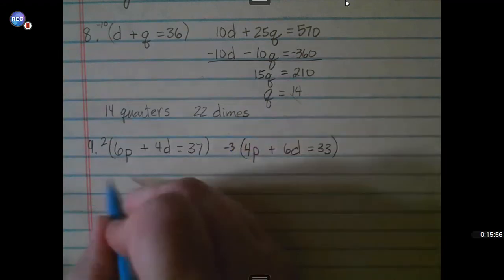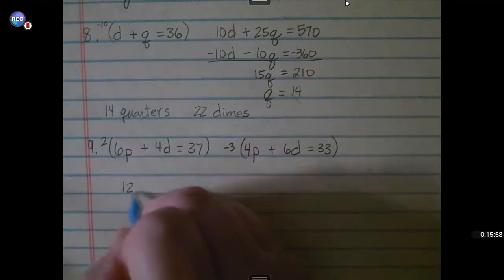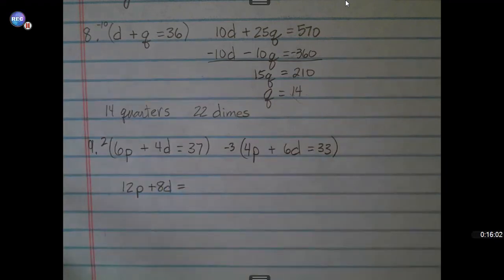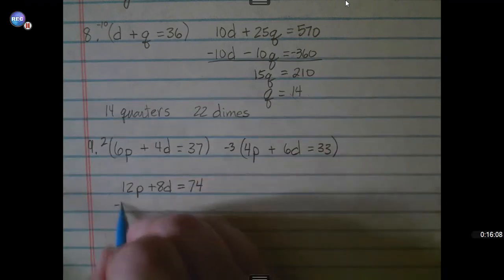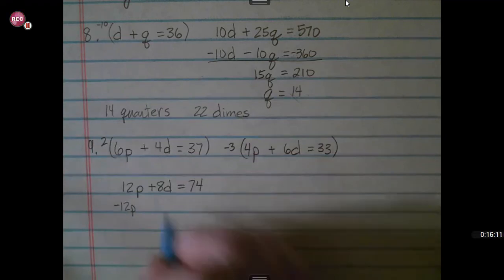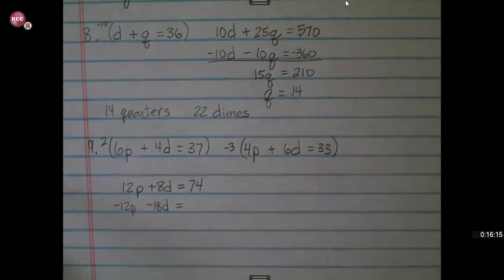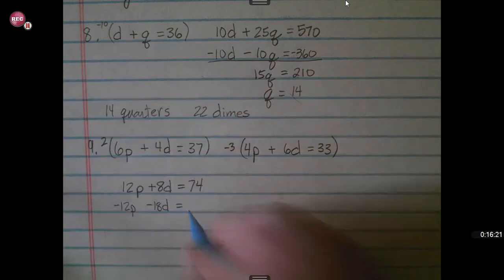So this gets me 12p plus 8d equals 74. And the other one gives me -12p minus 18d equals -99.